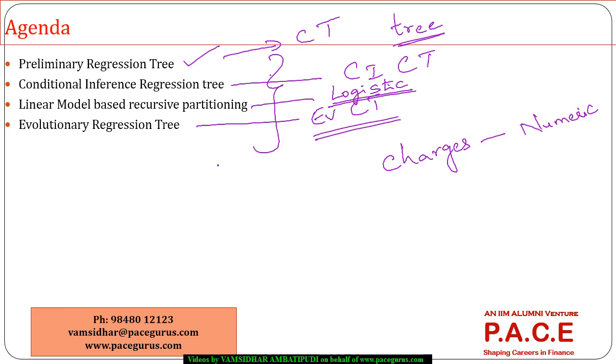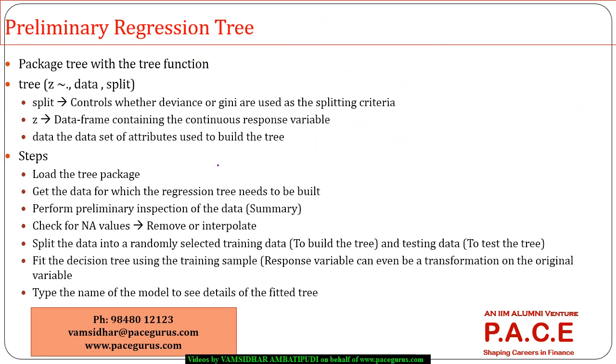Using this, I want to build these 4 trees and see which one of these gives a good advantage in terms of modeling the charges by considering all the remaining variables as the predictors for the insurance charges. So initially, let's get started with a preliminary regression tree.